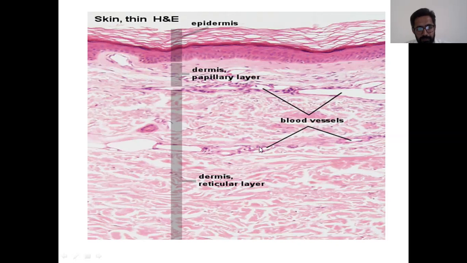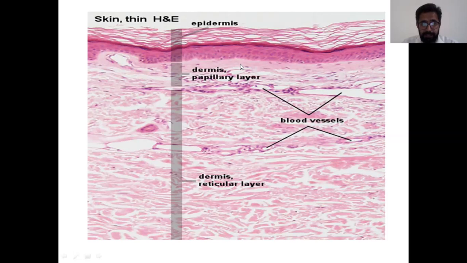But if we look at the deeper part of the dermis, what is more evident? The fibrous arrangement. And actually this fibrous arrangement is due to the thick collagen fibers, which are more or less present in the form of bundles, but most of these bundles are arranged parallel to the skin section itself.